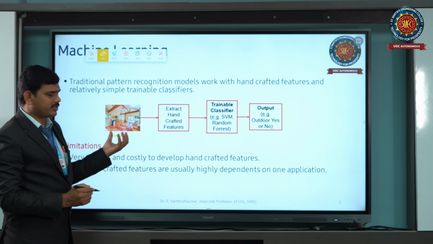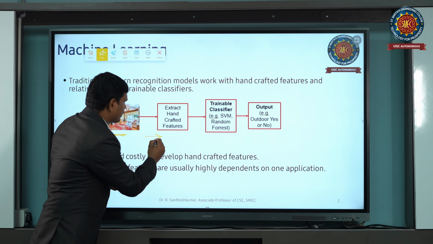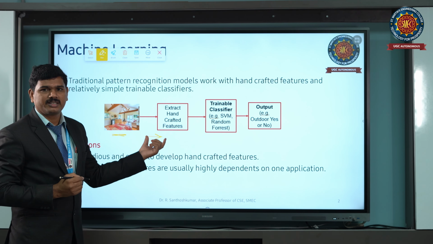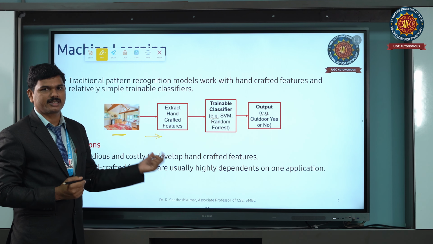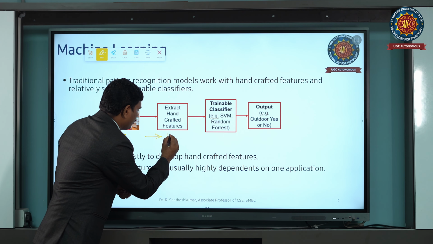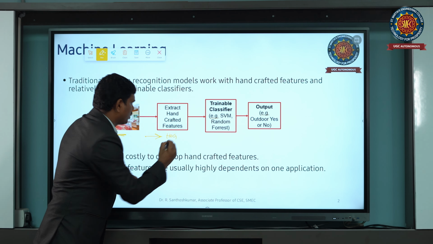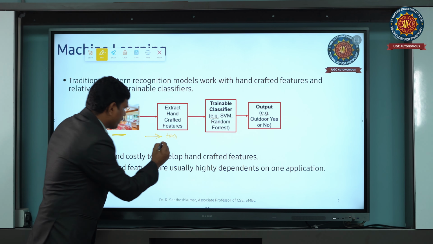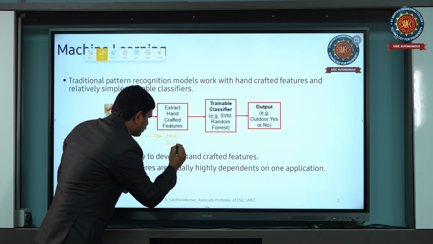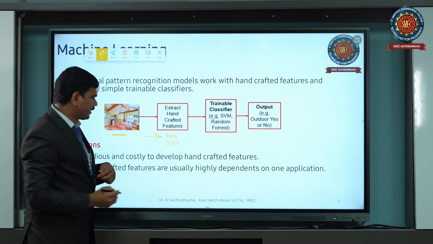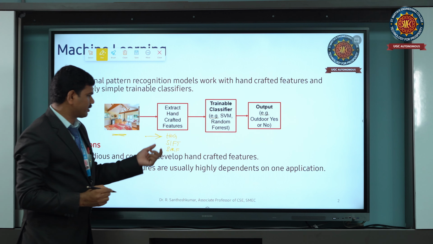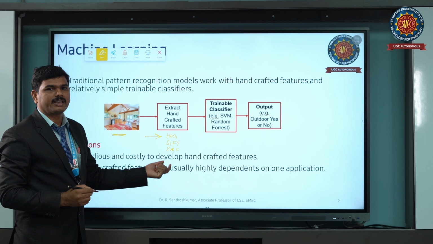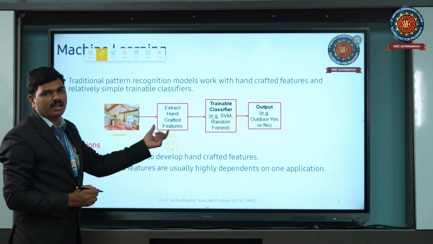For the feature extraction process, there are different feature extraction techniques. Say for example, HOG is one of the feature extraction techniques. SIFT is one of the feature extraction techniques. SURF is one of the feature extraction techniques. Using these algorithms, you can extract features from the raw image.